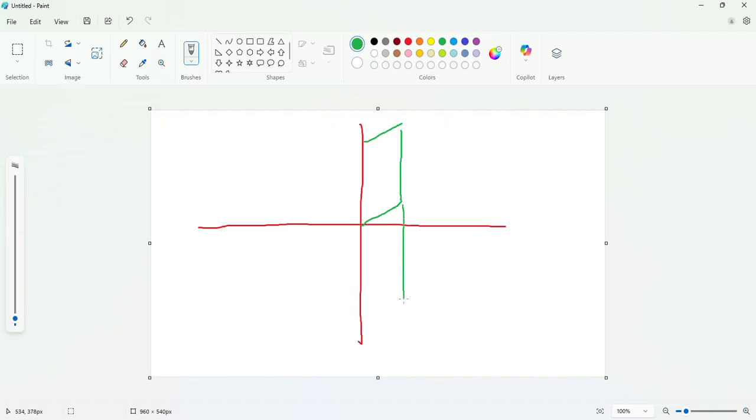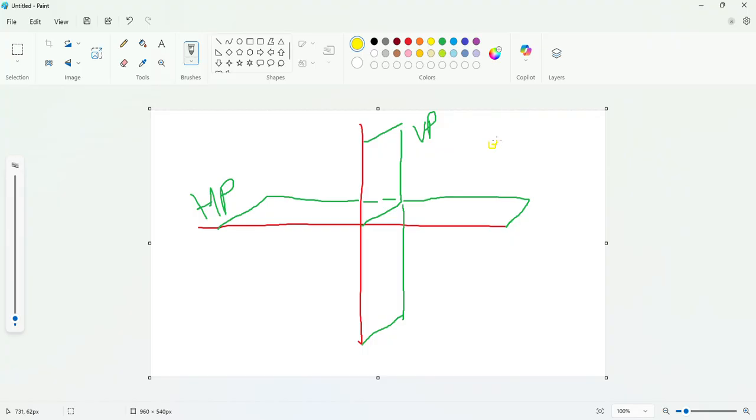I can extend this like this and like this, and so this is our horizontal plane and this is our vertical plane. So if a point is here, it is above HP.